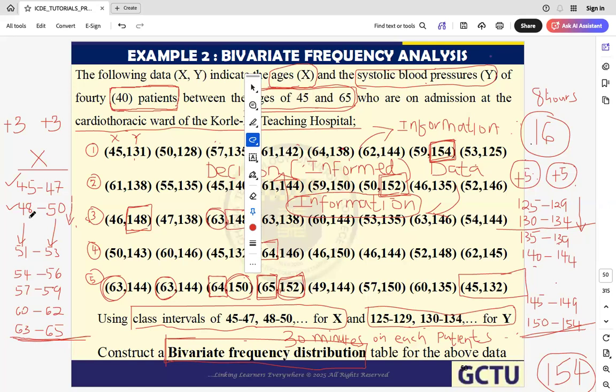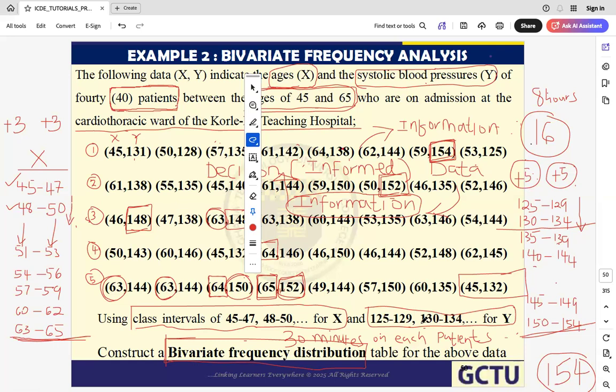Plus 3. Very good. So 47 to 52 is also plus 3. So it is telling us that as you are going down, keep adding plus 3 till you get to the last number, 65. That was why we were adding plus 3 for the X.